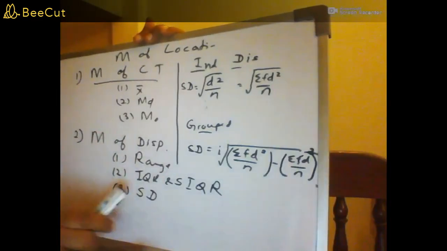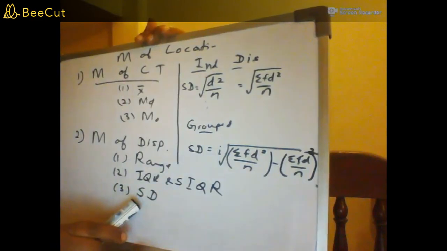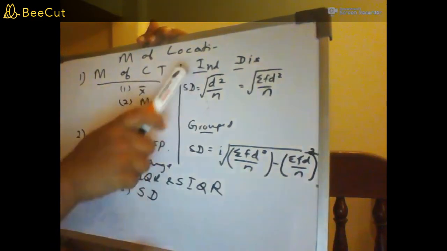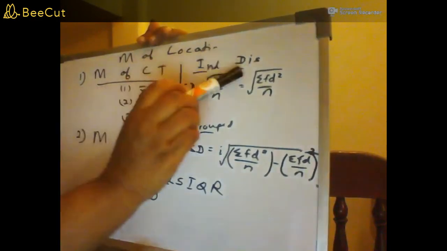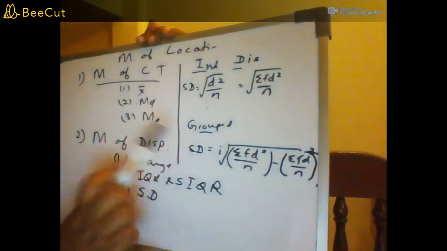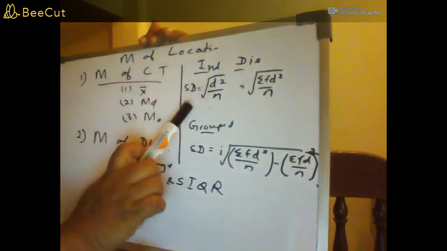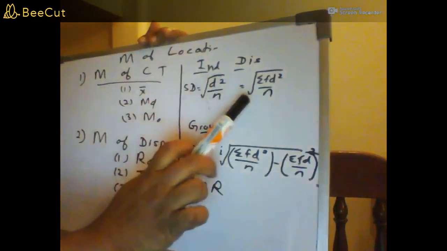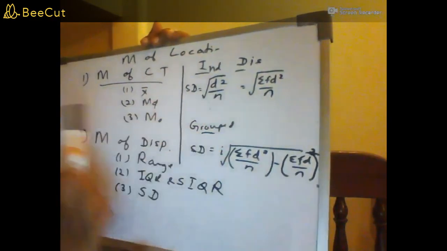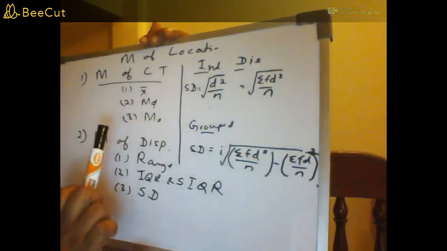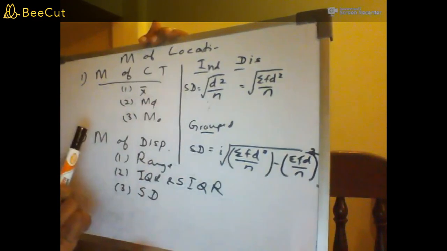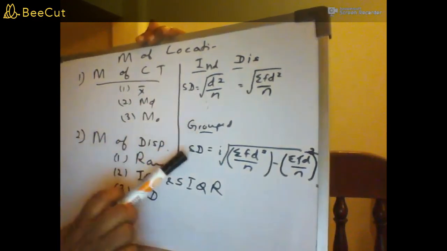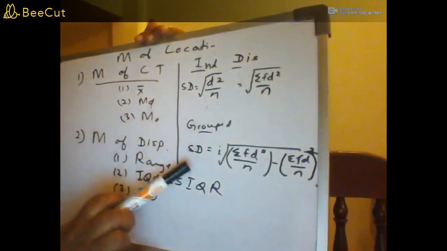For standard deviation, we have to calculate it for individual data, discrete data, and group data. For individual data, this is the formula. For discrete data, this is the formula. I am not going to do them because usually they don't ask these things in the exam nowadays. But they are in the syllabus.